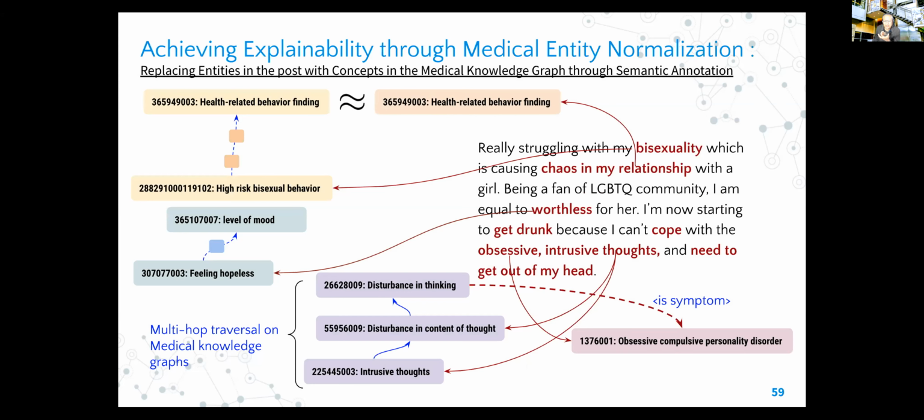And one of the things that's happening here is that the system is able to understand that chaos in my relationship is often used in this kind of mental health related understanding, or getting drunk takes you to addiction and drug abuse, and then there is intrusive thought. So you are able to understand these kinds of concepts, and that this one is related to symptom, and this one is related to treatment. That association of the meaning with the content is what leads you.